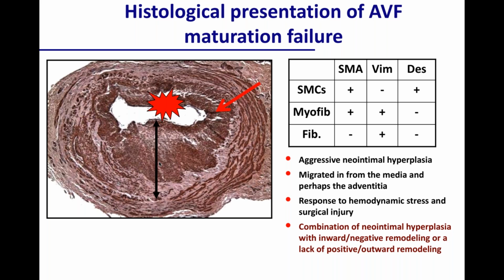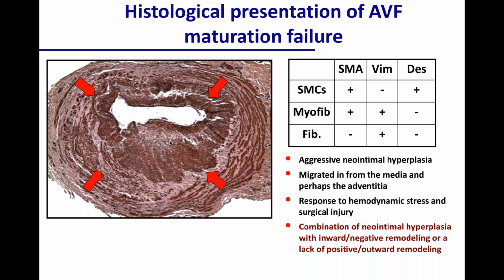Now, it's very, very important to realize that even though neointimal hyperplasia is important, the final amount of luminal stenosis, as shown over here, is always as a result of a combination of neointimal hyperplasia and either a lack of positive or outward remodeling or a very significant amount of inward or negative remodeling.